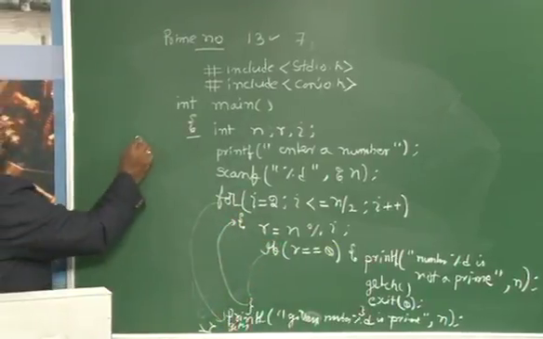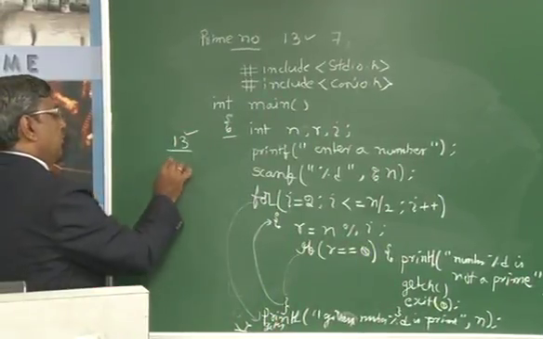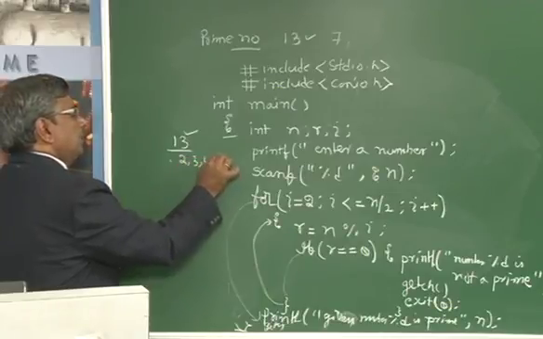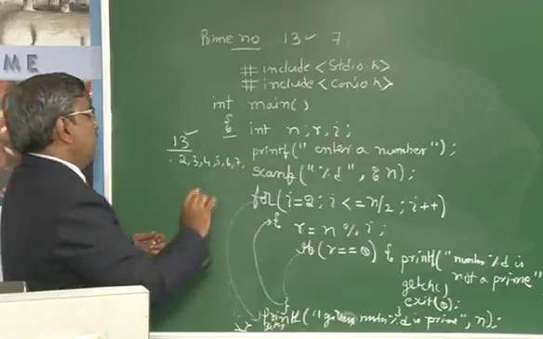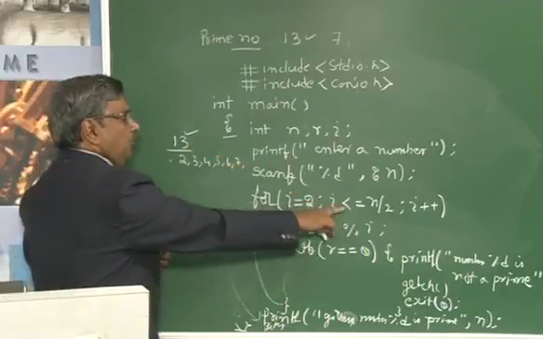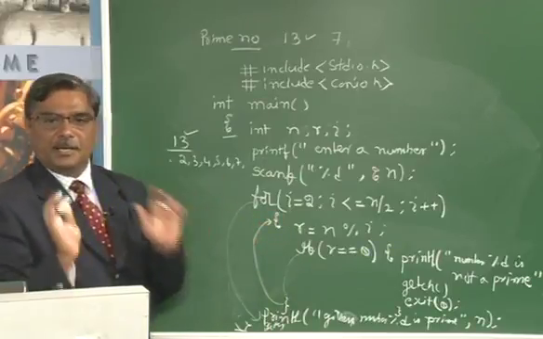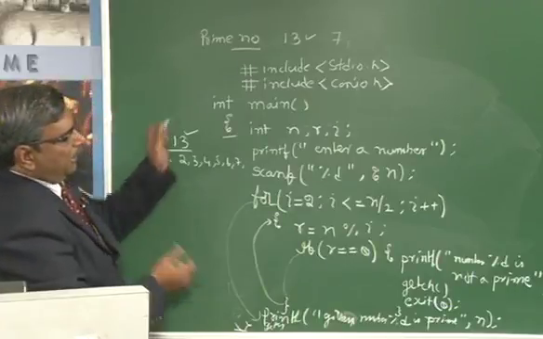If you give a number like 13, it will check division by 2, 3, 4, 5, 6, 7, up to half. After that, whenever half of that number is reached, it implies the given number is a prime, and control goes and prints. So this is the logic that can be used.